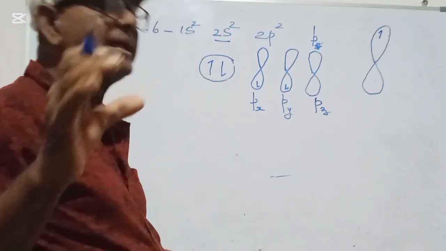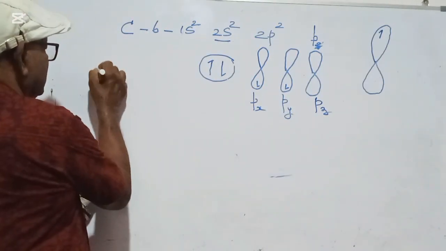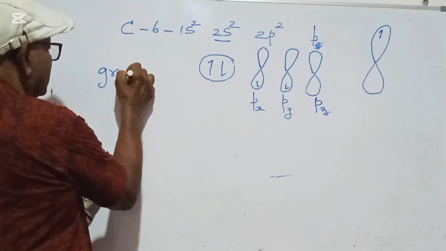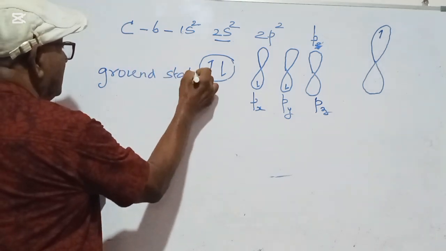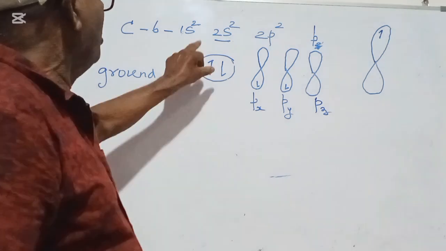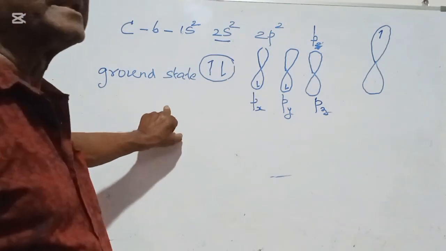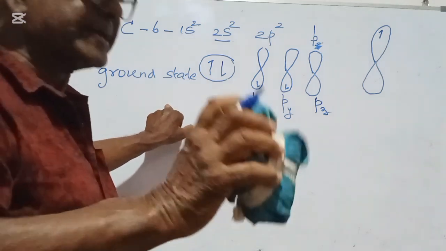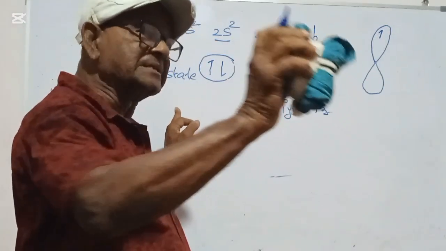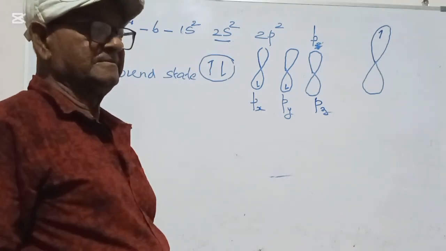It is explained as the ground state. So that normal configuration is the ground state configuration of carbon. Generally we give the normal configuration, all at the ground state.